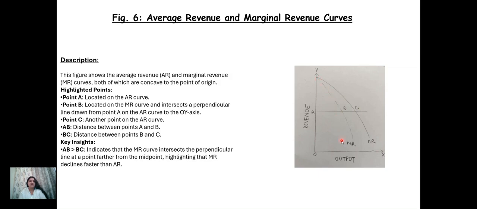But in this curve, marginal revenue and average revenue, like AB is greater than BC, indicates that the marginal revenue curve intersects the perpendicular line at a point, and this is the midpoint A. You can see this is a line and this is a midpoint, like here is the 50%, this is the 50%, and this is the midpoint. So this figure shows the average revenue and the marginal revenue curves, both of which are concave to the point of origin.